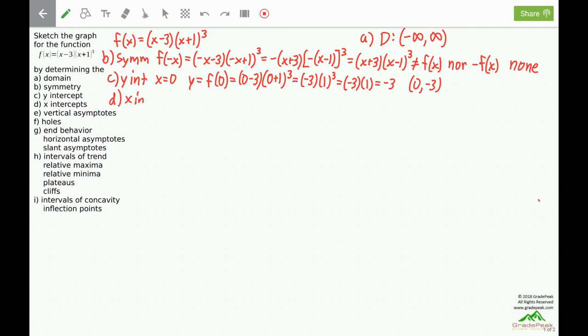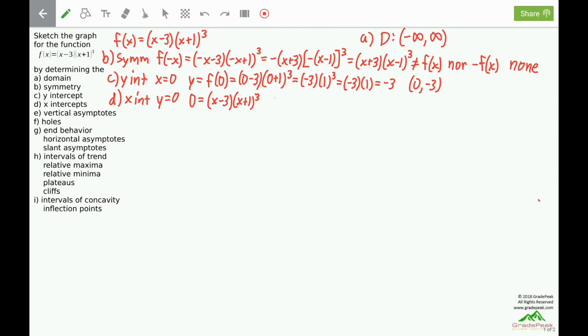For part D, we want to determine the x-intercepts. These are the points where the graph crosses the x-axis, defined by y equals 0. y, which is f of x, will be set to be 0, and we can solve for all x's. It's best to have the function fully factored. It already is.